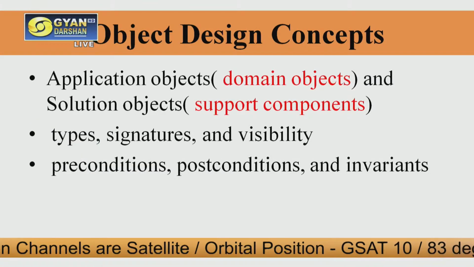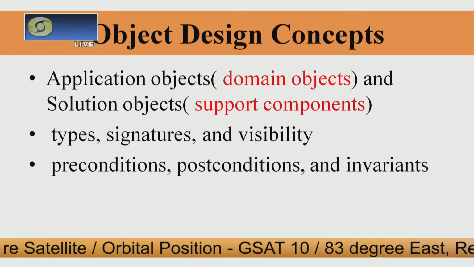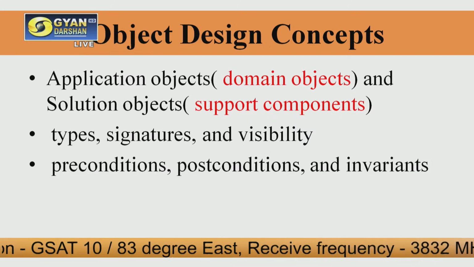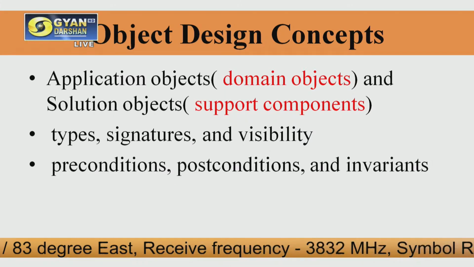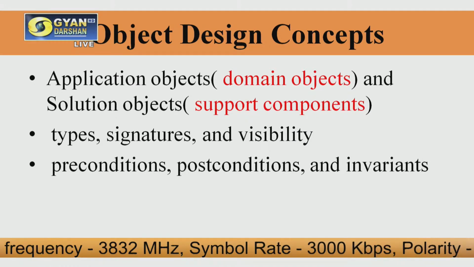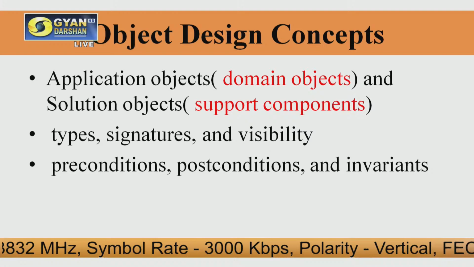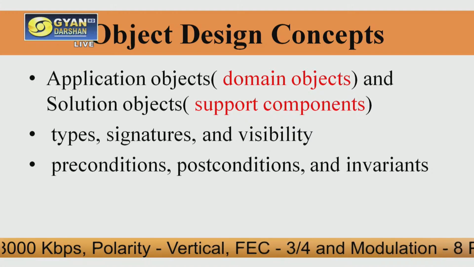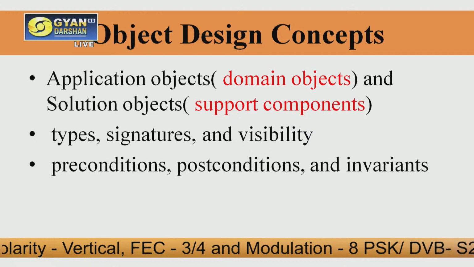And if we try to see what basic concepts we use while designing the object, we focus on finding out what the application objects are. Those application objects are nothing but the domain objects like student, teacher, assignment submission, evaluation, feedback giving.